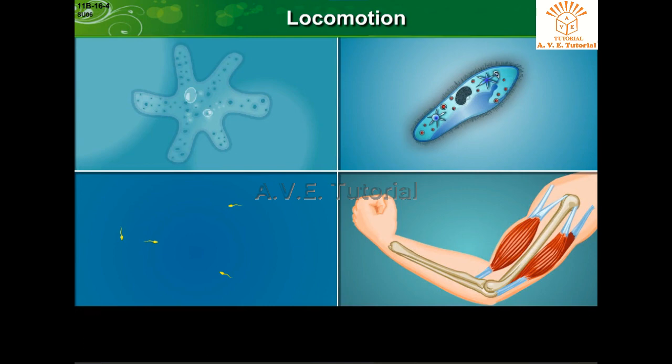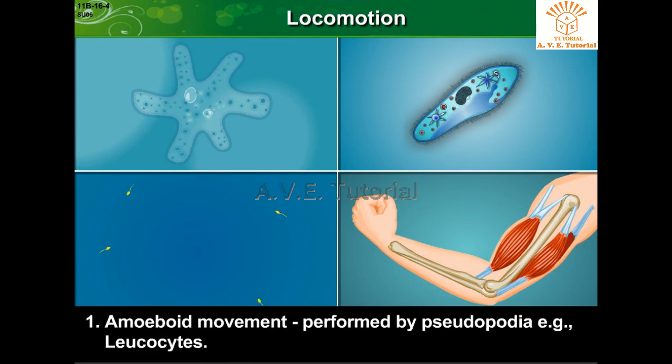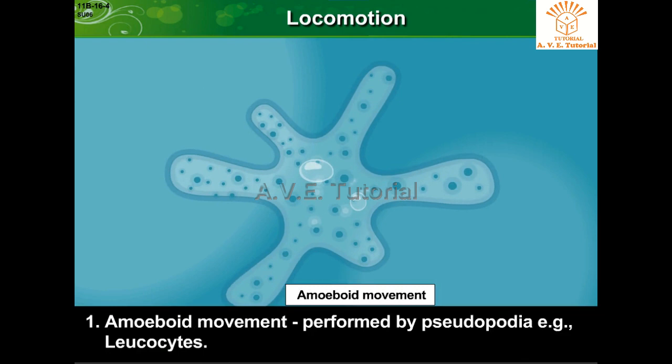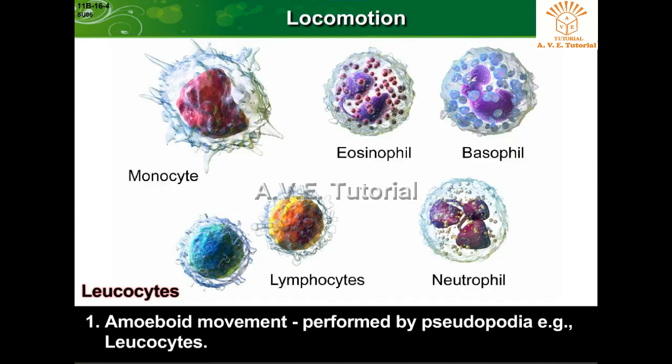There are 4 basic types of locomotions found throughout the animal kingdom, such as 1. Amoeboid movement performed by pseudopodia, for example, leucocytes. 2.